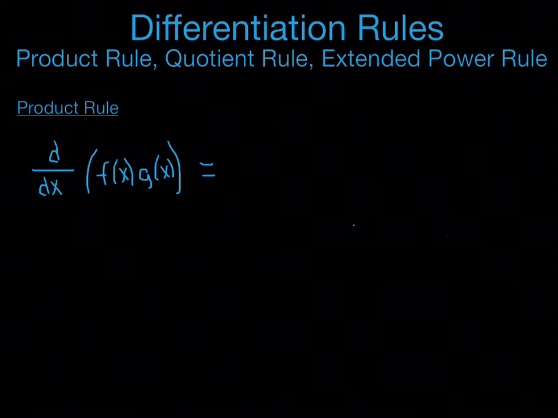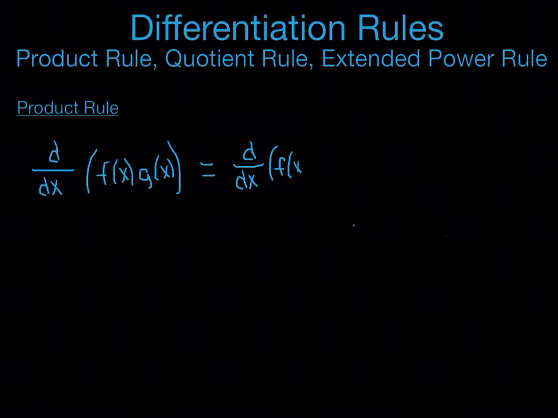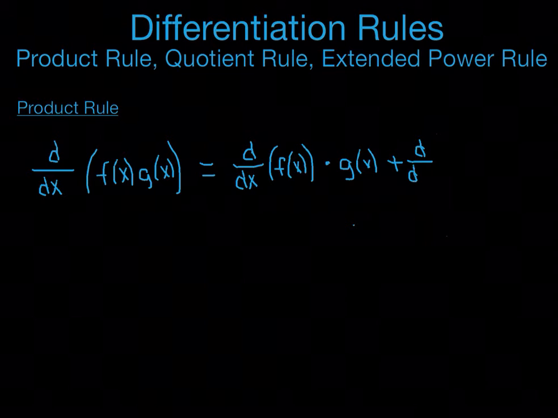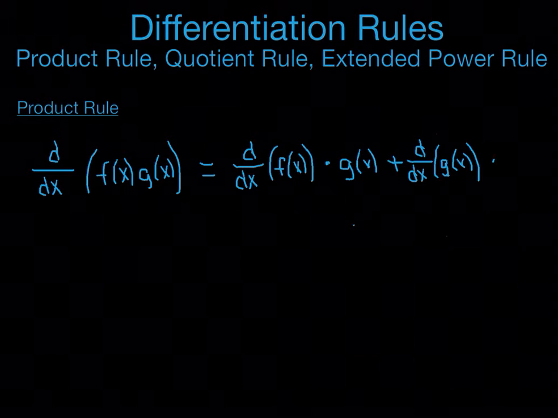So what we have here is equal to the derivative, or d over dx, of f of x times g of x, plus the derivative, d over dx, of g of x times f of x.